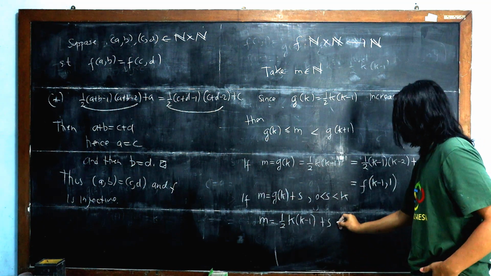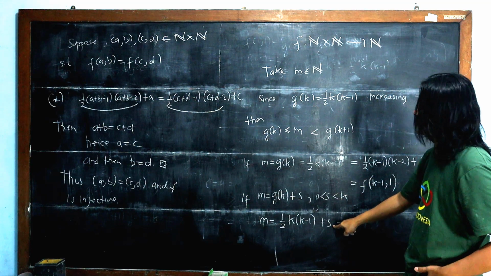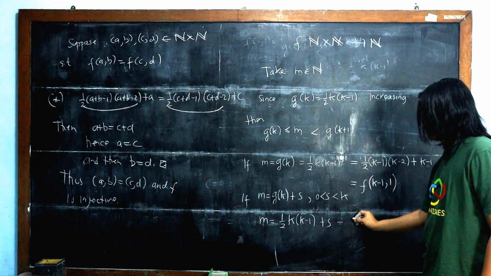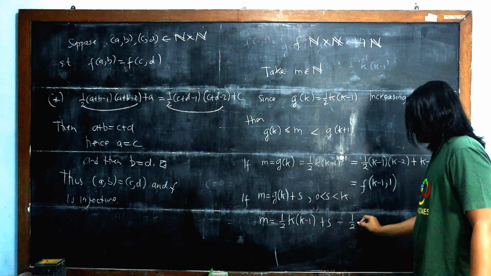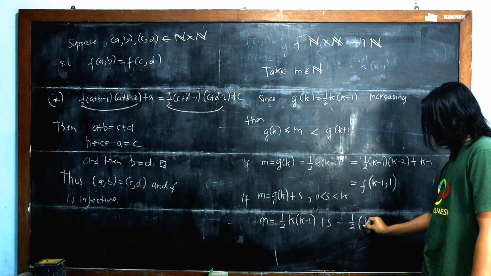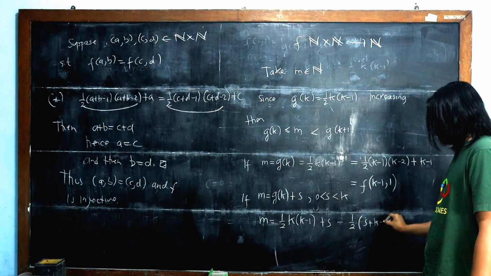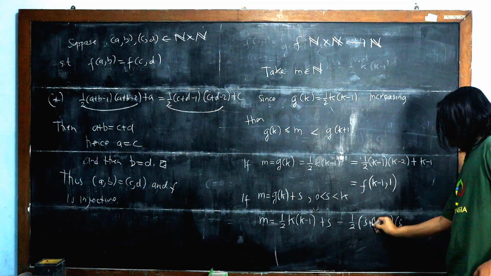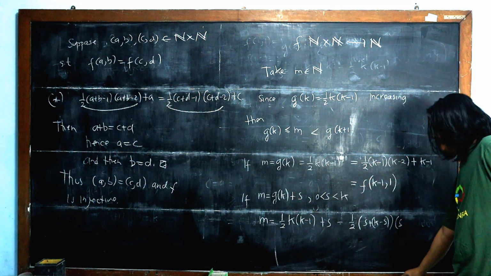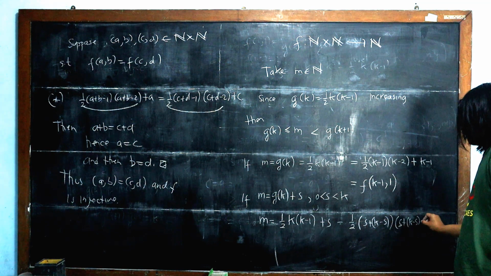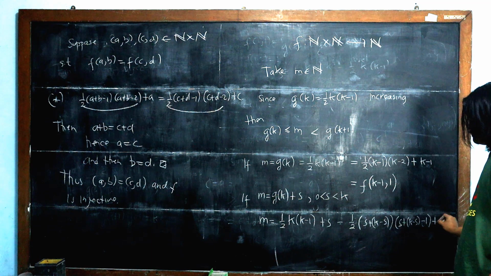Okay, so this is our a here. So this is the same as one half of what? s plus k minus s, times s plus k minus s minus 1, plus s.